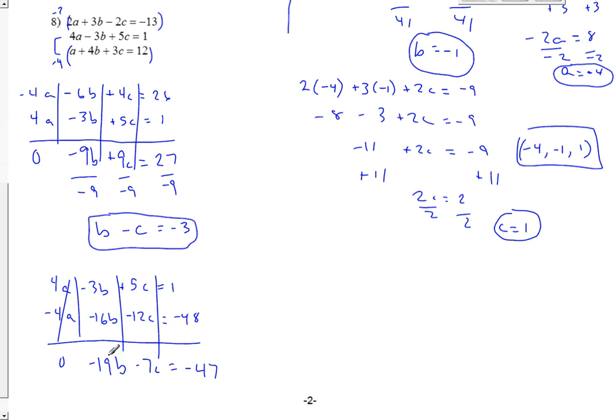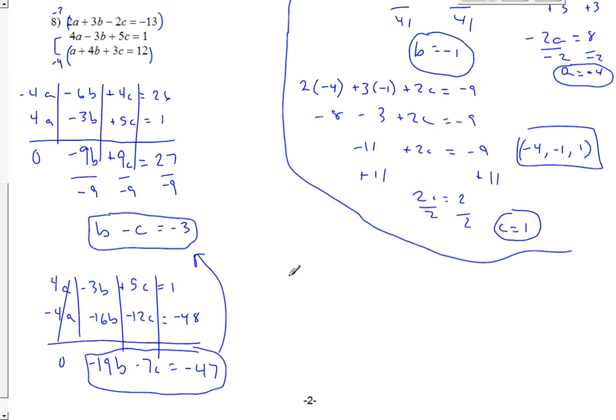So now, if I take that equation and work with the other equation that I found, then I can multiply this by negative 19. That will give me negative 19b plus 19c equals negative 47. Positive. Nope, I'm sorry.